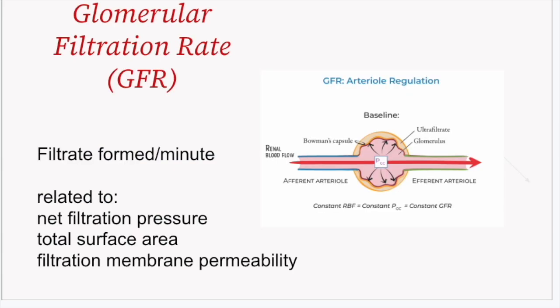And we can also look at the glomerular filtration rate. This tells us something about the health of the kidneys and the health of the glomerulus, right? The units are volume per minute, milliliters per minute, and it's related to net filtration pressure, the total surface area of the capillaries, and filtration membrane permeability, what is able to go through.